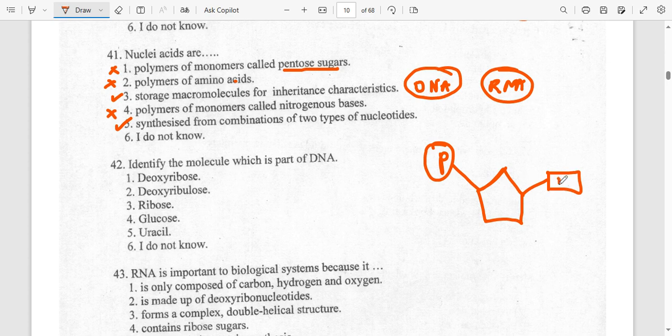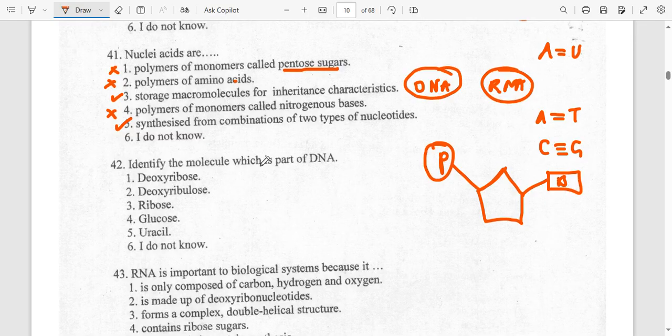But the nitrogenous bases here, we have got adenine, which forms two bonds with thymine. And then we have got cytosine, which forms three bonds with guanine. This is what you find in DNA. In RNA, instead of having A pairing up with T, we don't have thymine, we have got uracil, so it will be A with uracil.